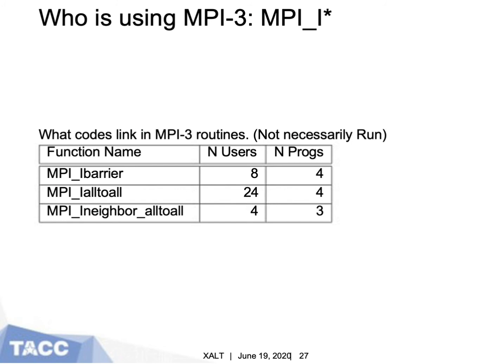A few programs were running them, a couple different users and a small number of programs. But we were able to track down and say, hey, people are using MPI3. Note that this is function tracking, which means that I am only knowing that the code has that in there. It's not that it was actually used.